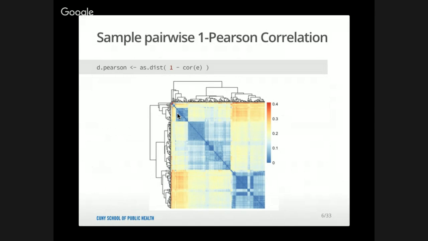And using the other type of measure that we introduced, 1 minus the Pearson correlation, where I use as.dist instead of dist here because I just wanted to directly convert this matrix into a distance object without doing a further distance calculation on this matrix. And it looks somewhat different.